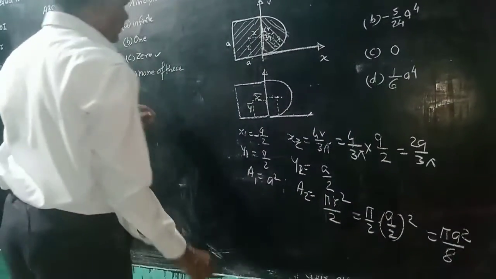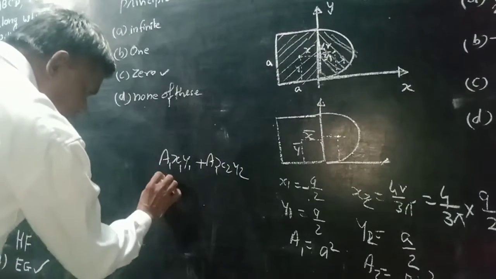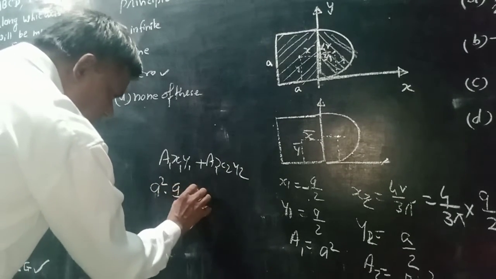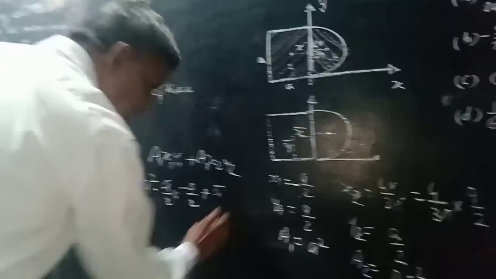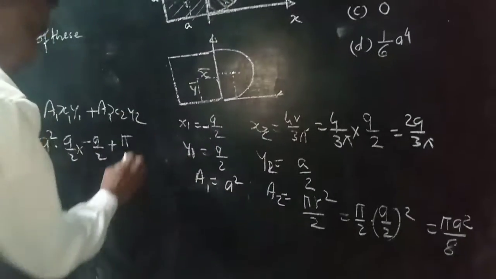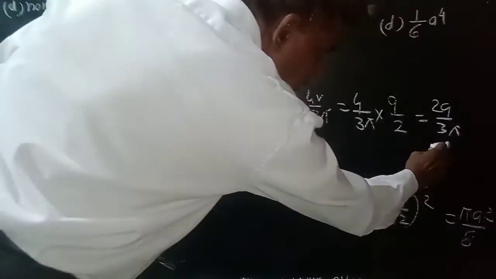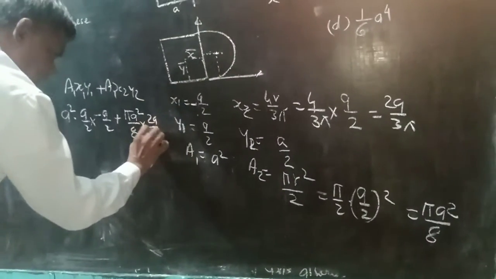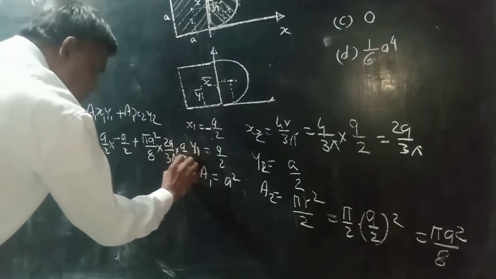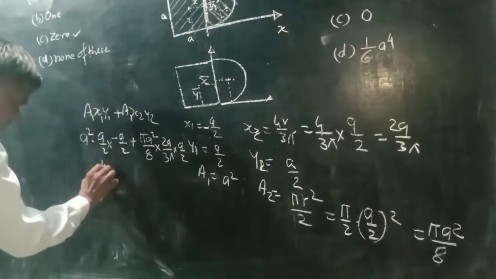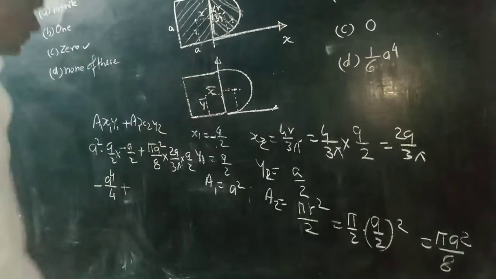So therefore the product of inertia is the sum of A x y: a square times a by 2 and this is minus a by 2. And this is another area, pi a square by 8, into x equal to 2a upon 3 pi, into y equal to a by 2. So this is equal to a raised to the power 4 by 4 minus, plus, this side positive, all positive.